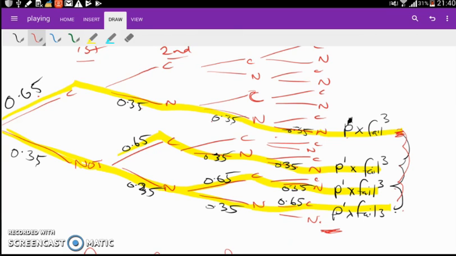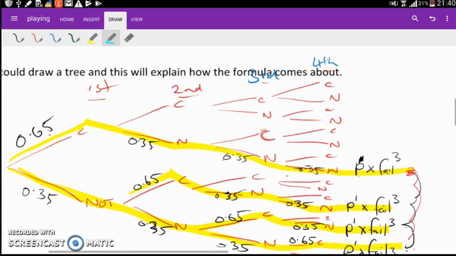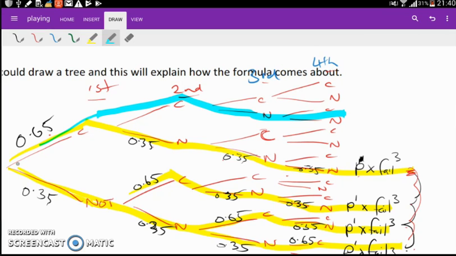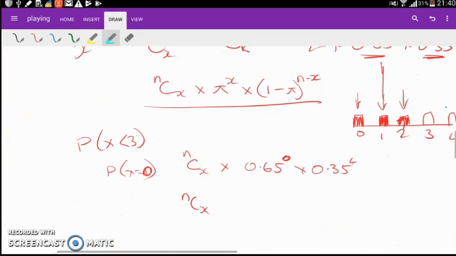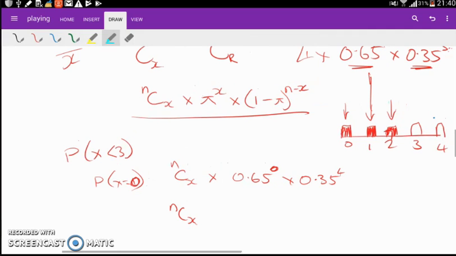That would be 1 combination. The 2 successes would be, looking at our tree, success, success, not, not, and we can see the pattern. And our combinations button on our calculator will tell us that. Okay, so we were going to do the 2 here now. So we've now got multiplied by the probability of success to the power of 2, multiplied by the probability of fail. We've got 2 successes, we want 2 fails. Okay, so you get the idea.